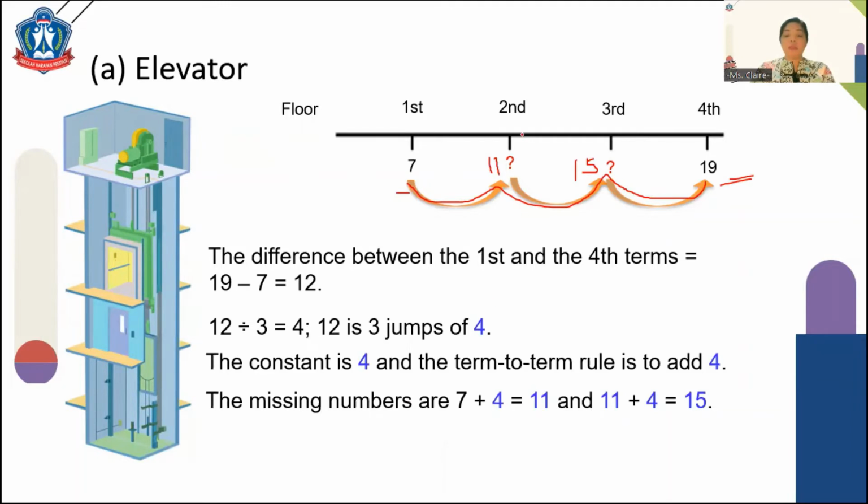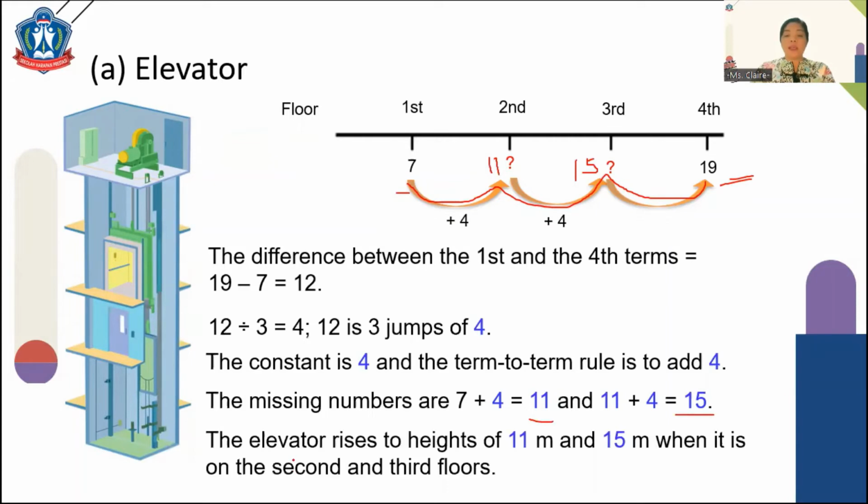So the missing numbers are 11 and 15. So our sequence then is 7, 11, 15, and 19. So the elevator rises to the height of 11 meters and 15 meters when it is on the second and third floor.